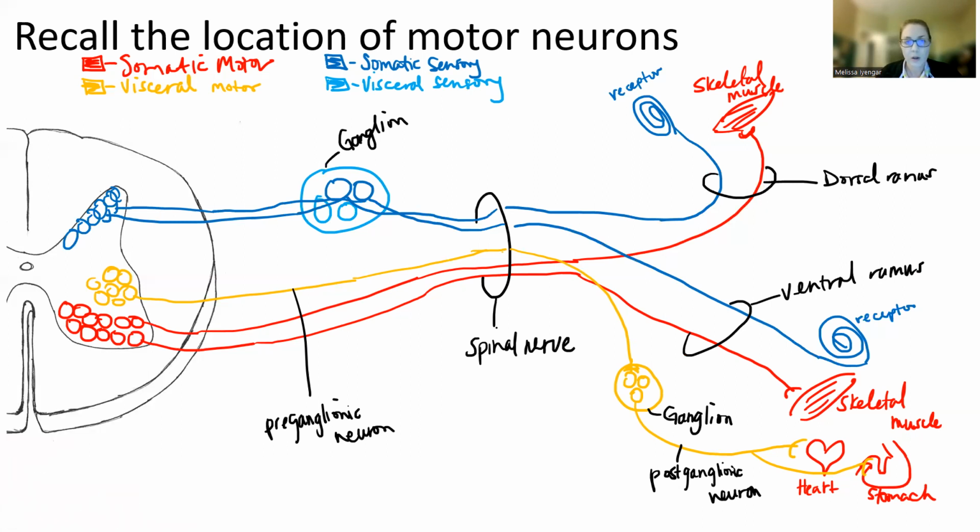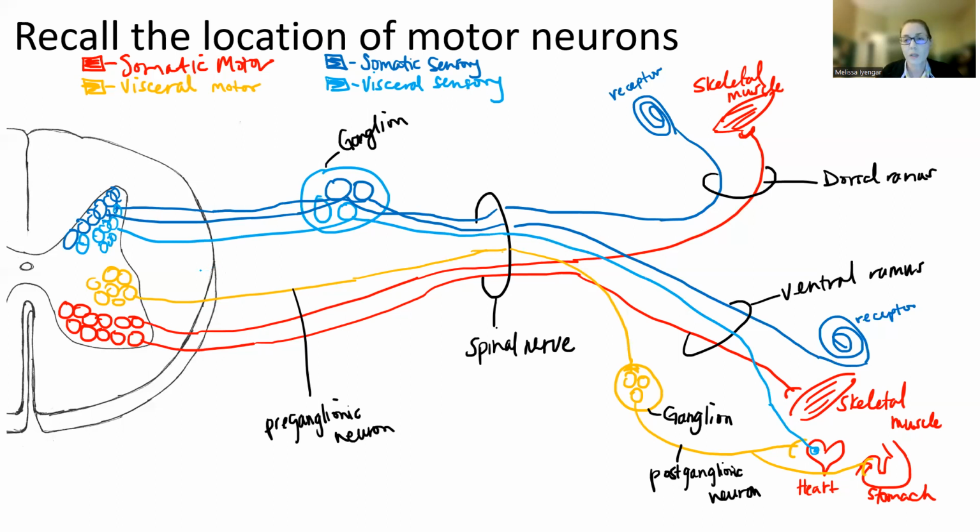And now you're thinking, okay, so visceral sensory is going to be like heart and stomach. So receptors here are going to send their information through the ventral ramus like this, going through our spinal nerve, hitting our ganglion, and then coming towards more cell bodies that are right here in our posterior gray horn.